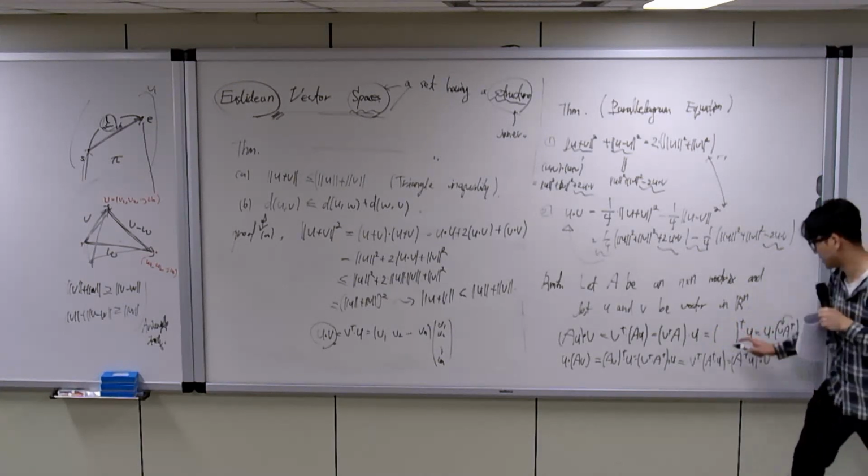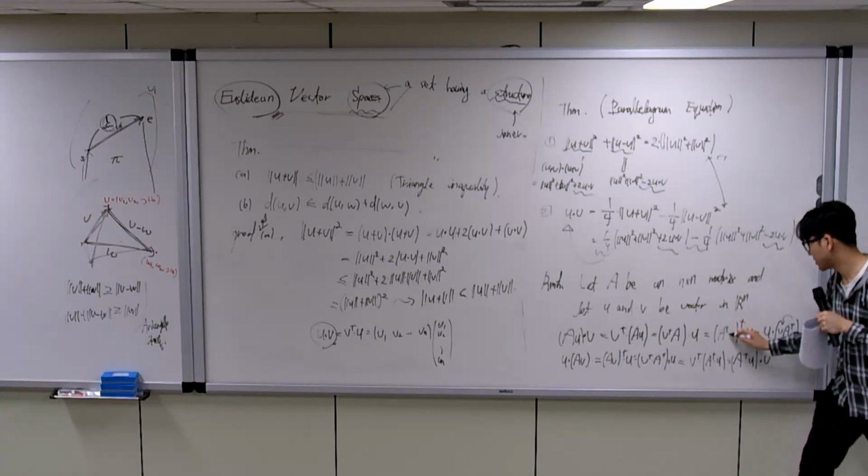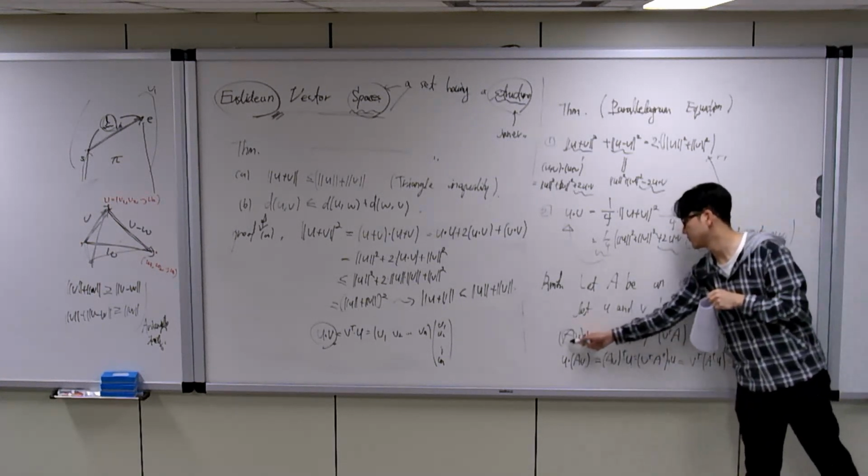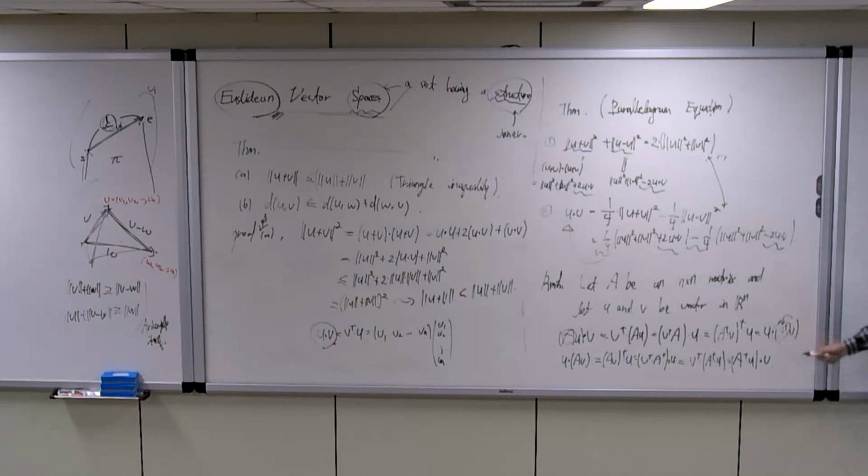I thought it was weird. It is A transpose v, so the position did not change, it just performs the transpose while moving to the other vector.